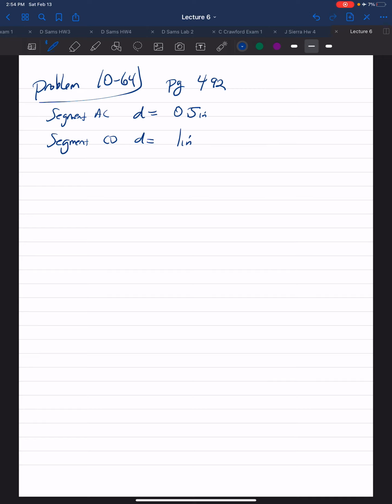If the shaft is fixed at its ends A and B, and subjected to the torque shown of 500 pound-force feet, determine the maximum shear stress in the shaft. And they gave us our G value of 10.8 times 10 to the 3 KSI.